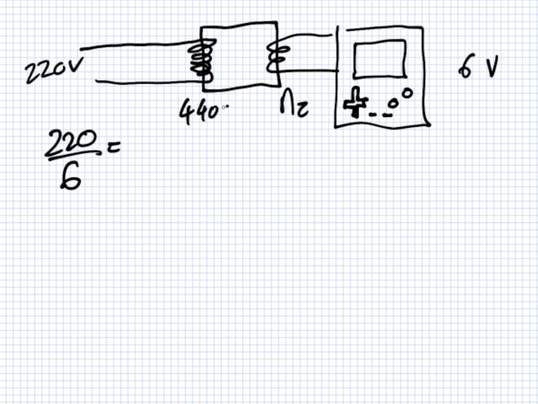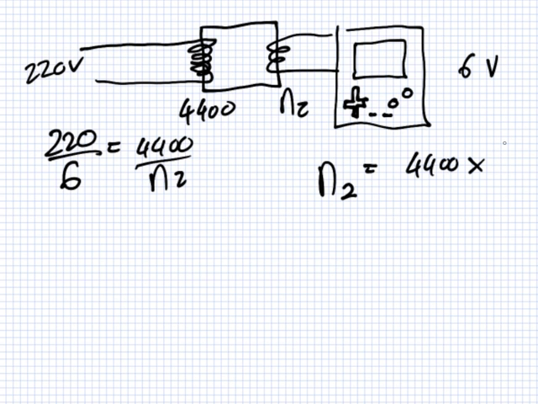So 4,400 over N2. So then N2 would equal 4,400 multiplied by 6 over 220. So then N2 is 120 turns.